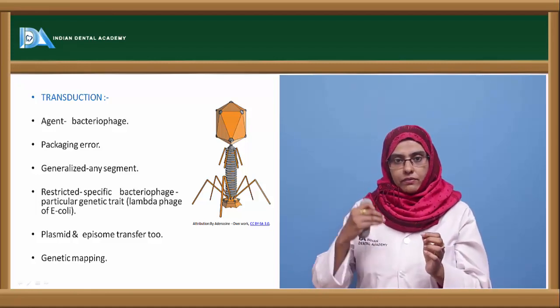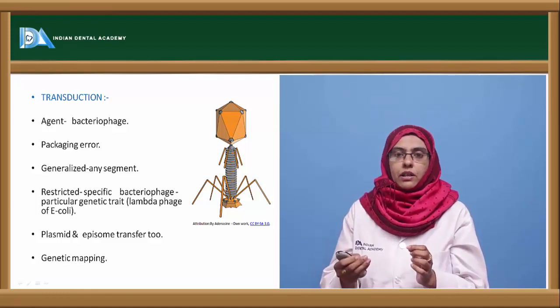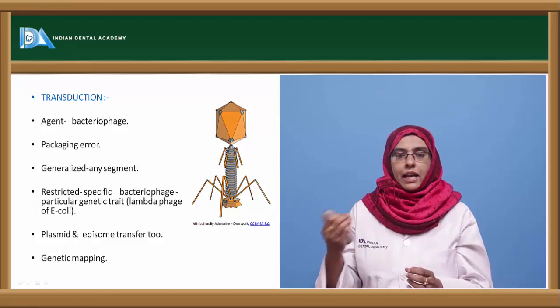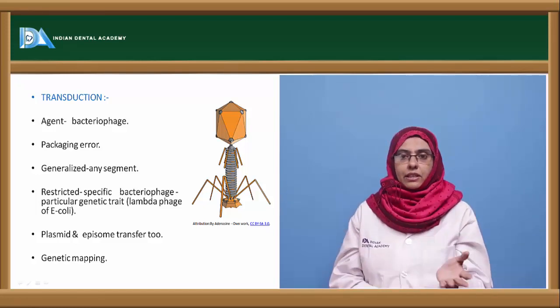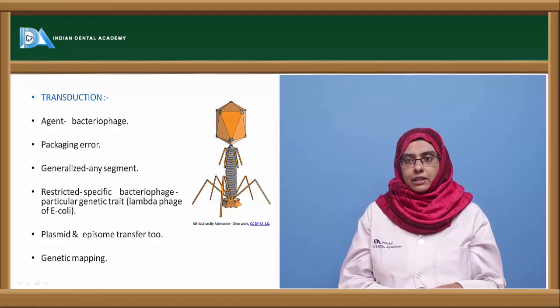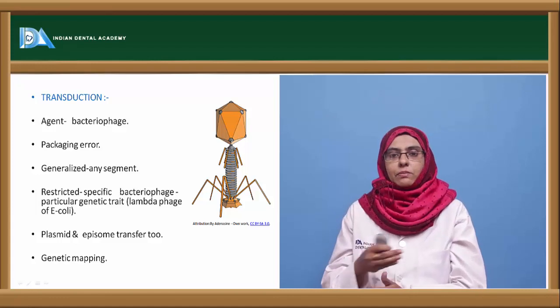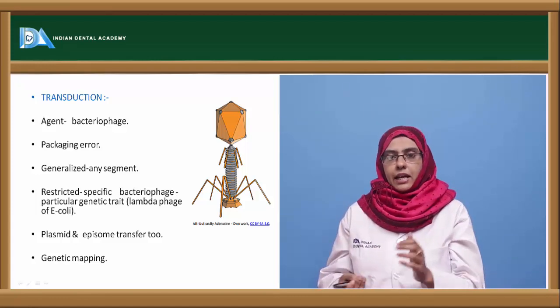While the prophage is coming out of the bacterial chromosome, it sometimes happens that it can take away the gal gene or the bio gene and then give it to the other bacteria when the virus infects the other bacteria. So this is specialized transduction, where specific genes from the bacterial chromosome are taken up by the prophage.